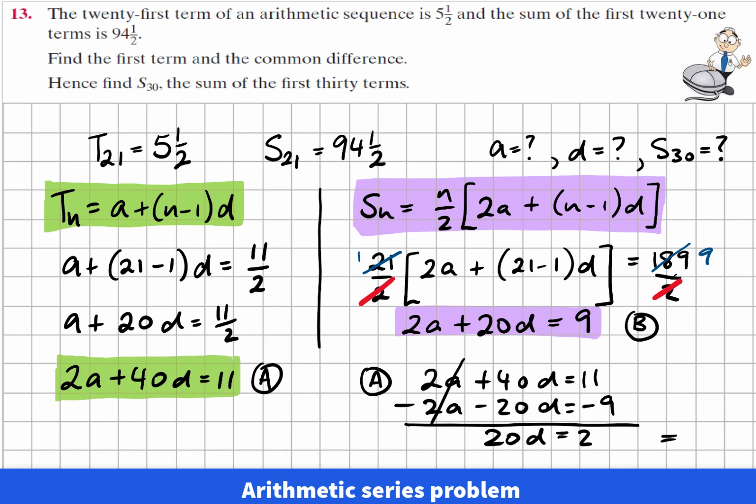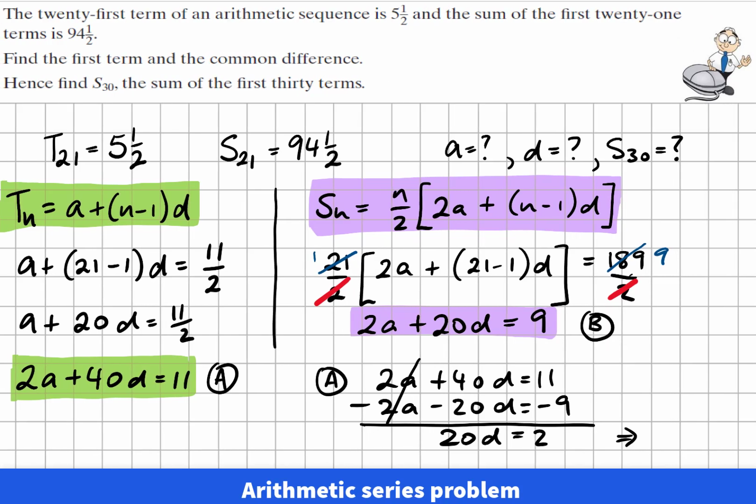So obviously, if I divide both sides by 20, I'm seeing that d is equal to 1 over 10. Okay, not the simplest answer, but it'll do.